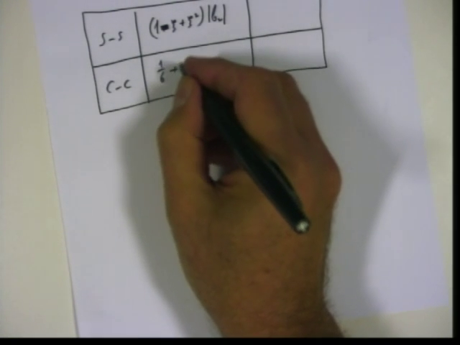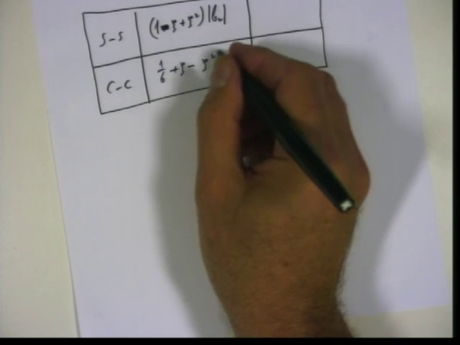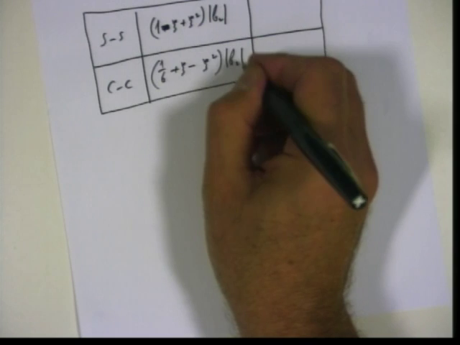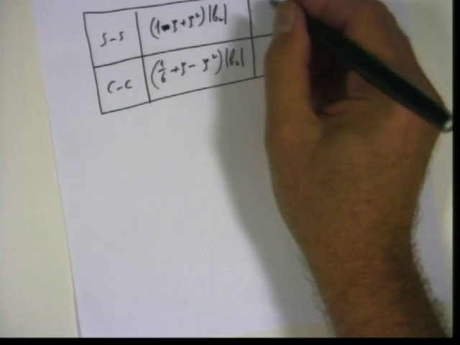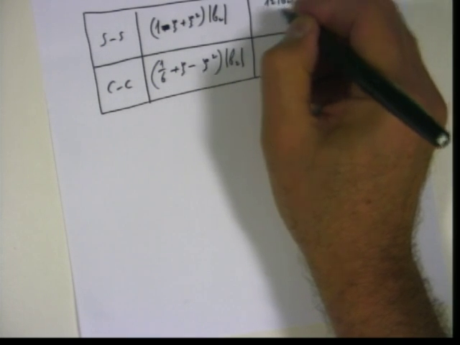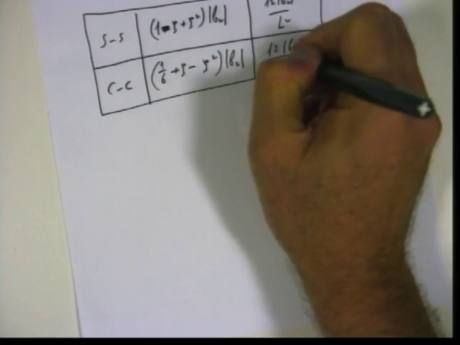And here we have 1/6 plus xi minus xi squared, times B2. So then P critical equals 12 B2 over L squared, 12 B2 over L squared. So what happens here is as follows.